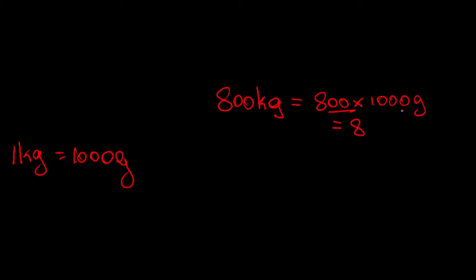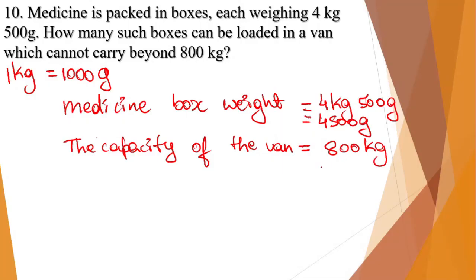So we have 5 zeros here. So we will add the 5 zeros. So 1, 2, 3, 4, 5. So we added the 5 zeros, we got 8 lakh. Now we will add the unit as grams. So it will be 8 lakh grams. So this will be the conversion.